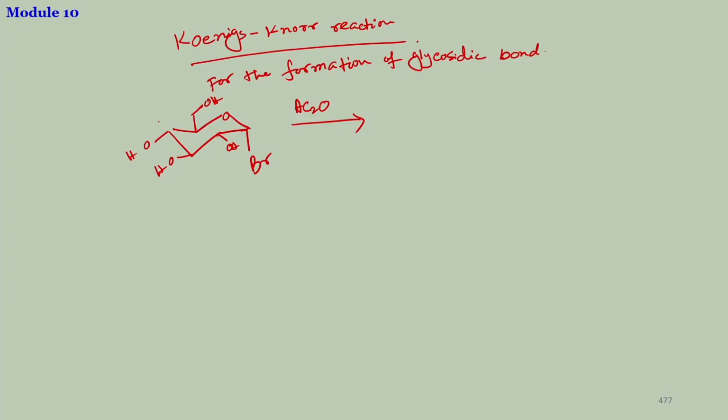We have done some sugar chemistry during DNA synthesis. If you add acetic anhydride, or acetic acid also, this will protect all the hydroxyl groups. So, this will be converted into OAc, OAc, OAc, CH2OAc, and you have to form a glycosidic bond over here.